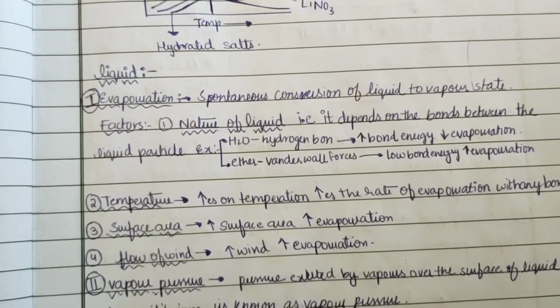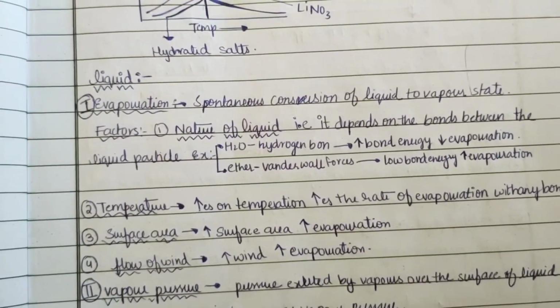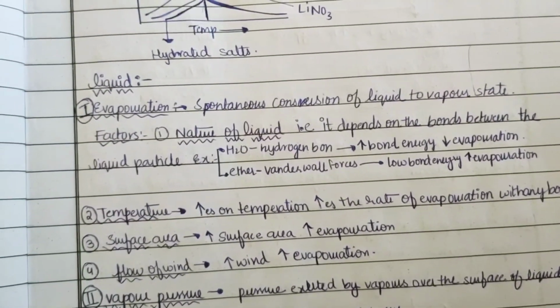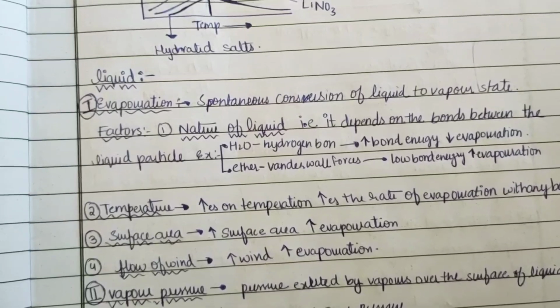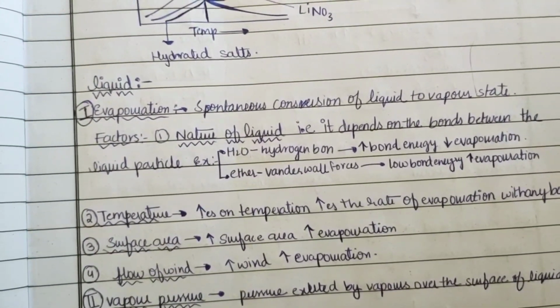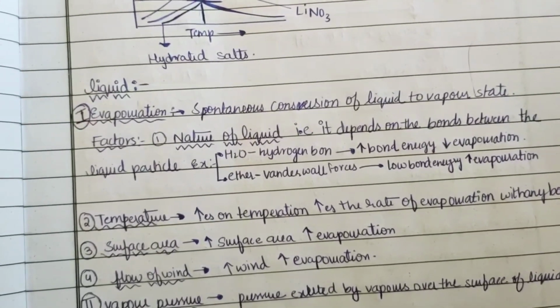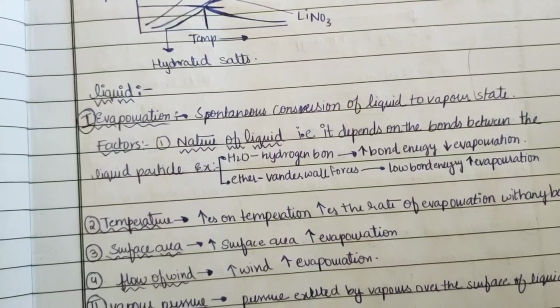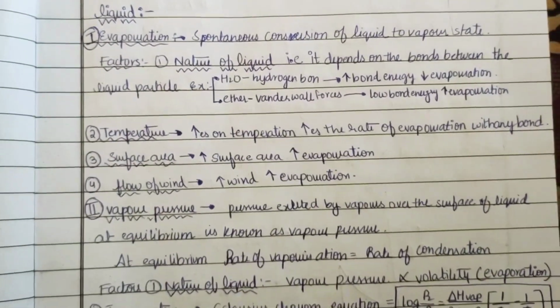For example, water has hydrogen bond, ether has van der Waals forces. Hydrogen bond is stronger than van der Waals forces, so it is hard to break, and if it has high bond energy, the evaporation will be low. Van der Waals forces are weaker than hydrogen bond, so it has low bond energy, so evaporation will be more.